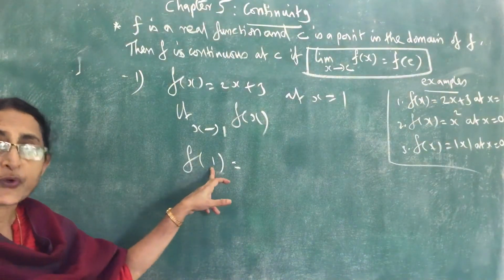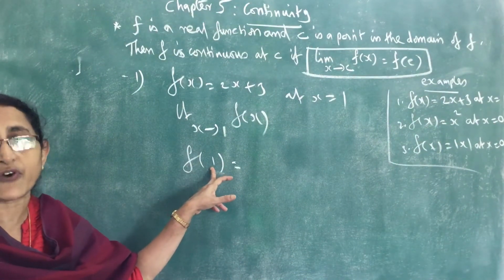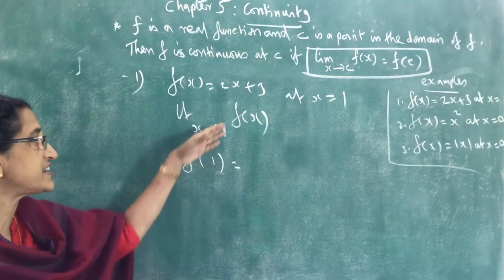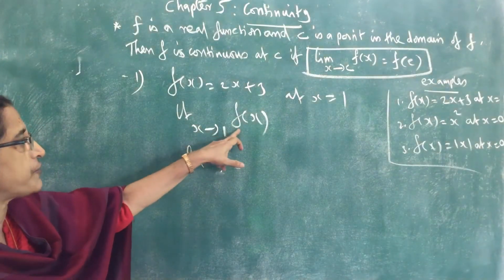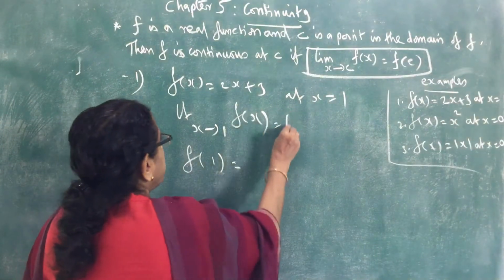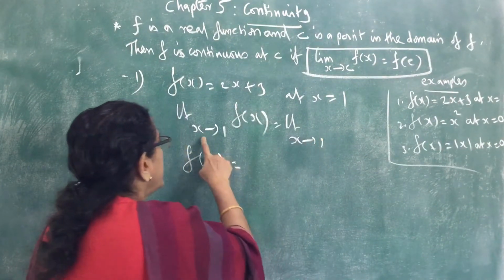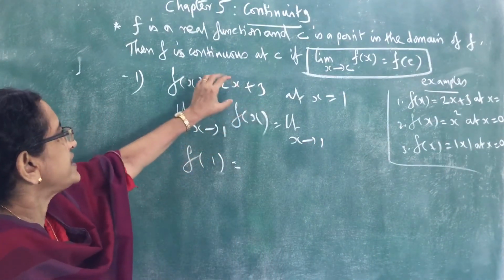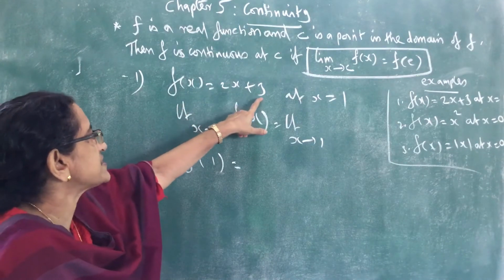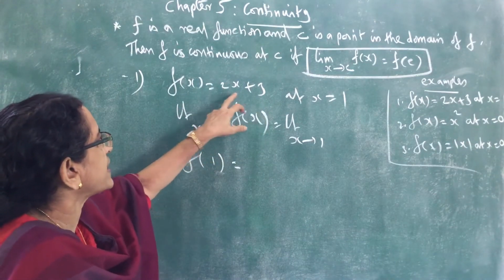Here x is equal to 1. When x is equal to 1, what is f of x? That is called f of 1. That is the difference. So limit x tends to 1 f of x equals limit x tends to 1. What is the given function f of x? 2x plus 3. So in the place of f of x, we can write 2x plus 3.